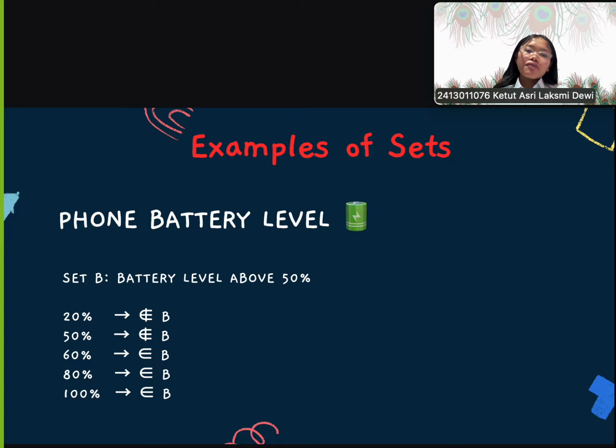This means any battery level greater than 50% belongs to set B. For example, 60%, 80%, and 100% are included in set B. So, we write 60% belongs to set B, 80% belongs to set B, and 100% belongs to set B. On the other hand, battery levels like 20% and 50% do not belong to set B because they are not greater than 50%. So, we write like this.